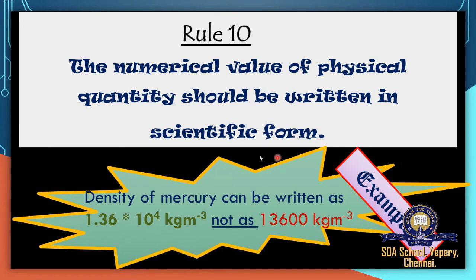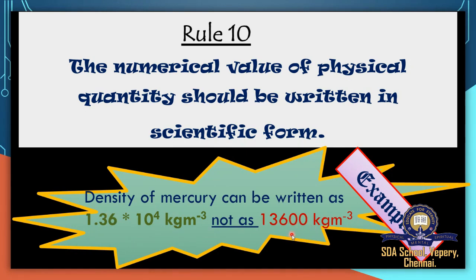Here, the scientific form denotes that it should be written in exponent form. The value can be written the same way, and this is what the result gives, but as per the rule, it should be written in scientific form. So this is the right form, whereas this is the wrong format.